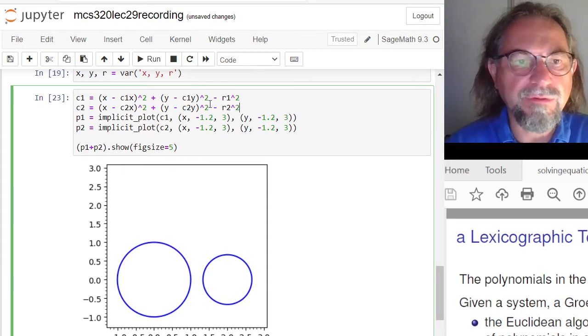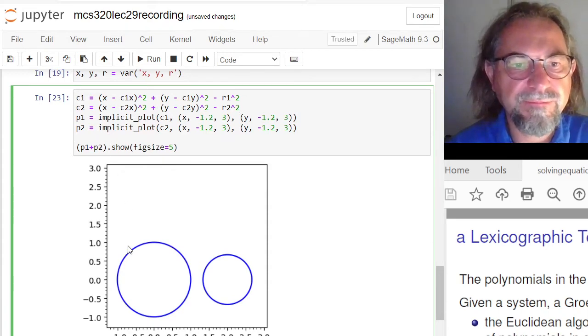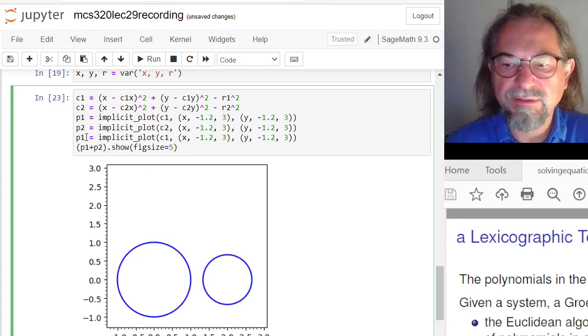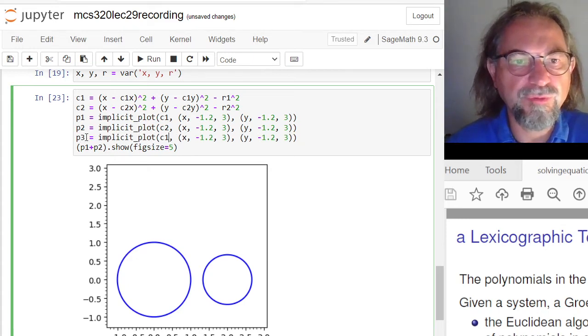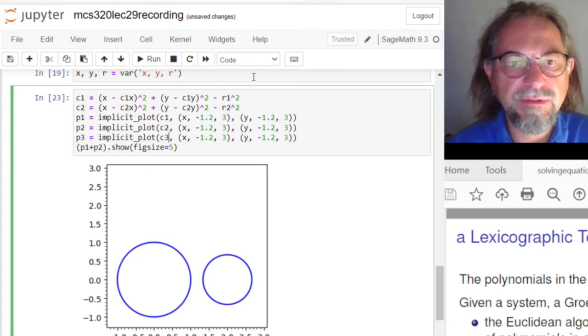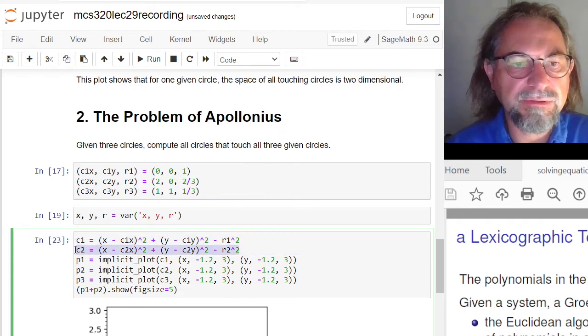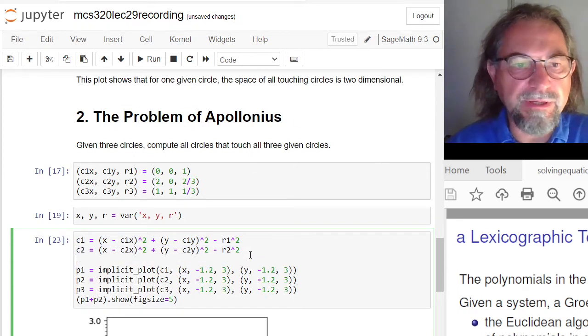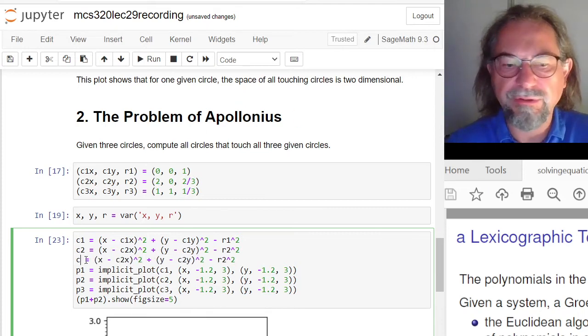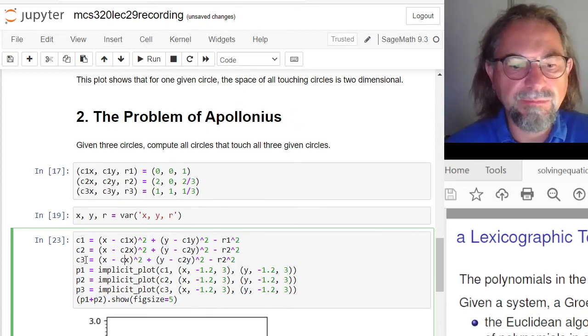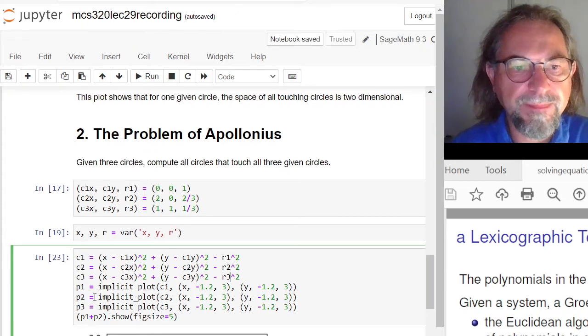And the third circle, so let me first do the plot instruction, and then I have the equation. In a way, we have seen the implicit plot in an earlier lecture, but with the repetition here, I'm making things self-contained.